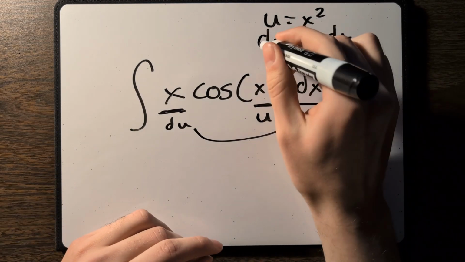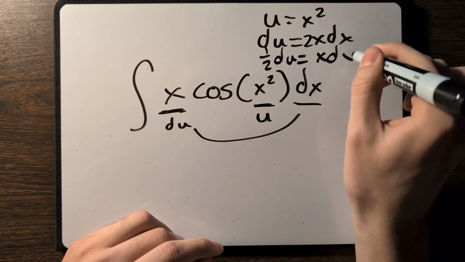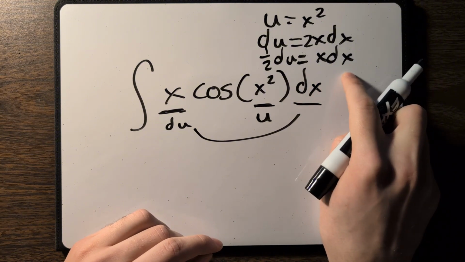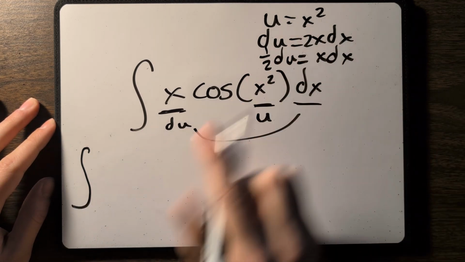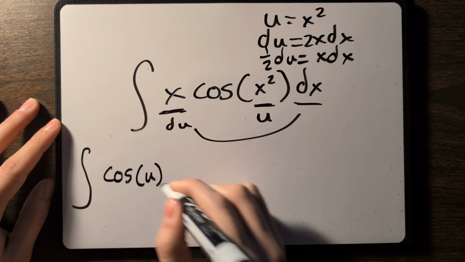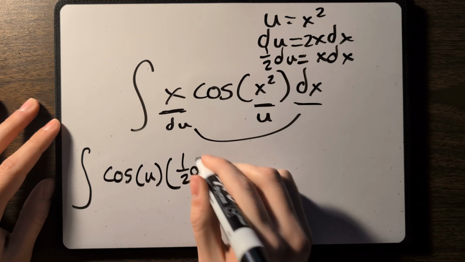Now, similar to the last one, we have to bring the 1/2 over. But what we're left with is x dx. Now let's replace it. So let's substitute the u in. So we're going to get cosine of u times 1/2 du.